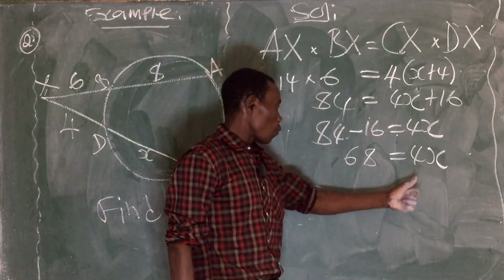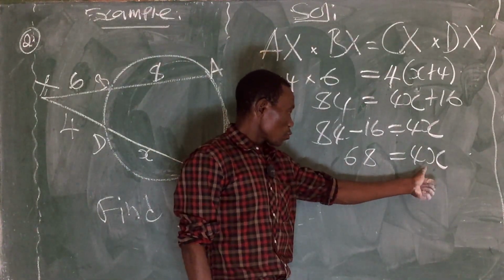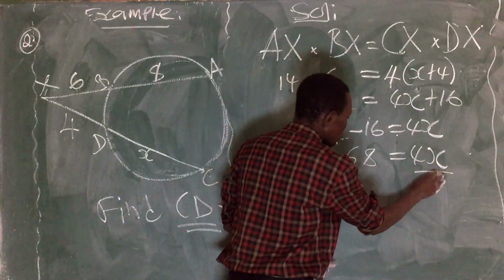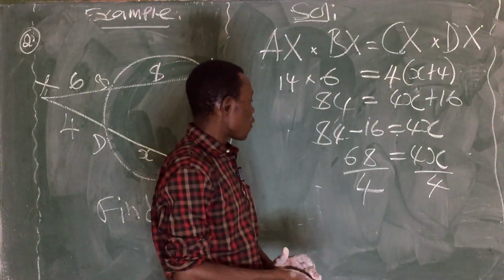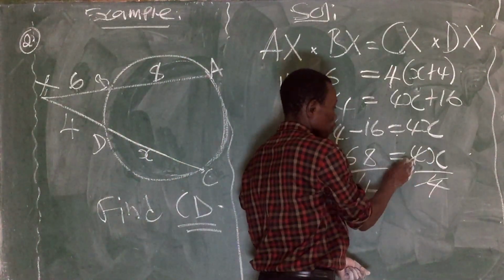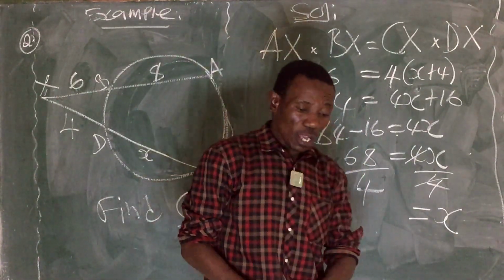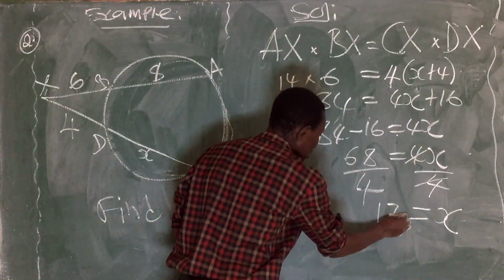Then when I'm here, what do we do? We need the value of X, so we have to get rid of the coefficient of X, which is the 4. So here we divide by 4, and on the other side we divide by 4, in order not to violate the rules of the equation. So 4 and 4 go, and here I've got X, and 4 goes into 68 how many times? 17 times.